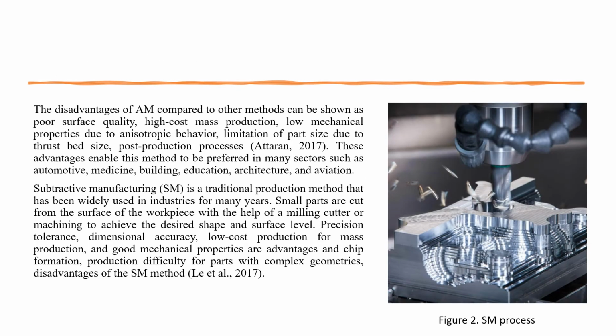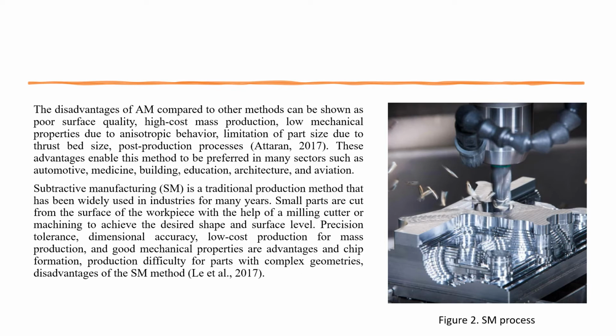The disadvantages of AM compared to the other methods can be shown as poor surface quality, high cost for mass production, low mechanical properties due to anisotropic behavior, limitation of part size due to truss bed size, and post-production processes. These advantages enable this method to be preferred in many sectors, such as automotive, medicine, building, education, architecture, and aviation.